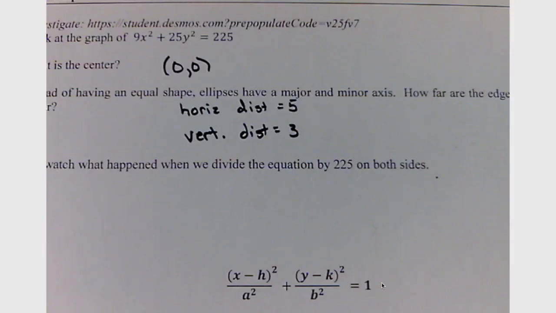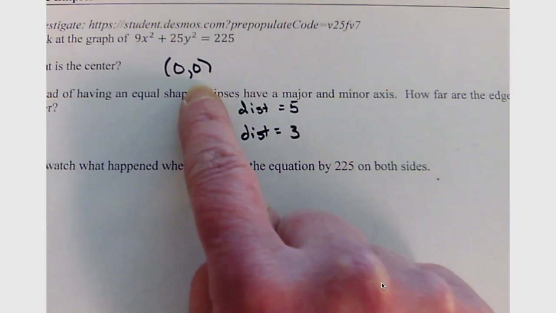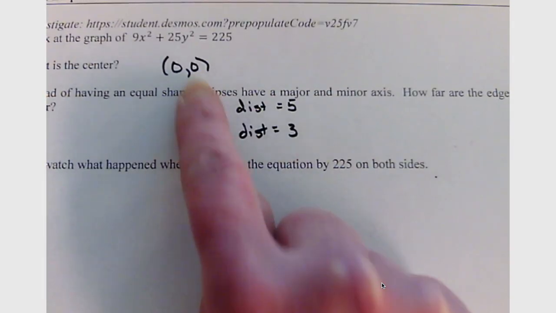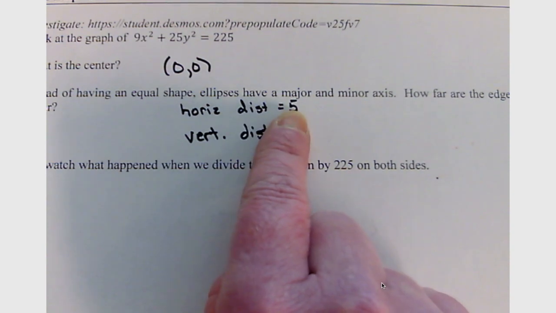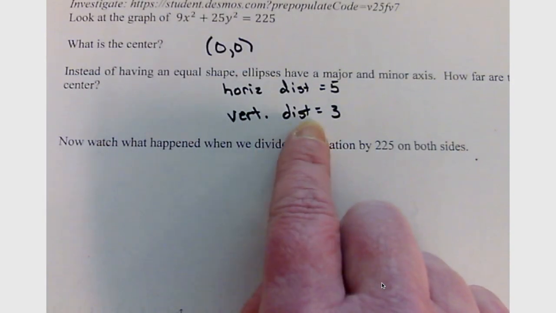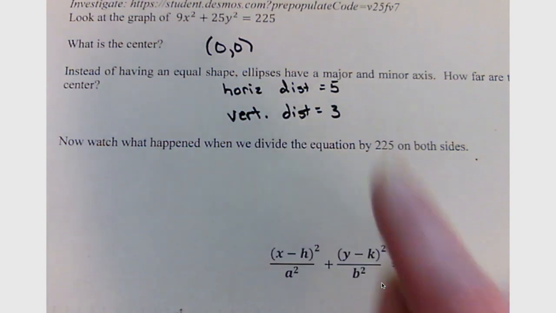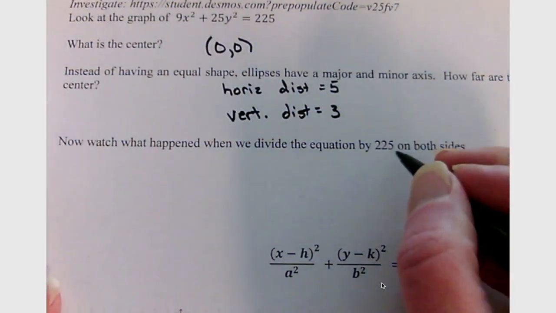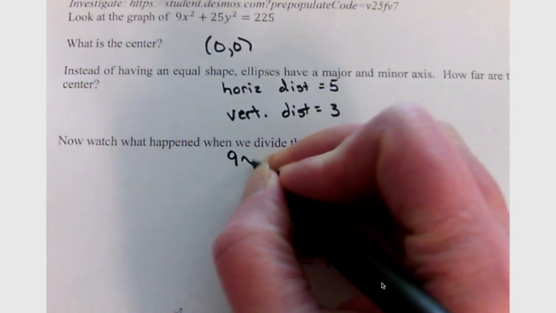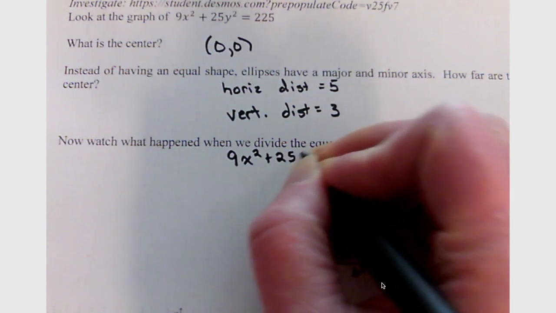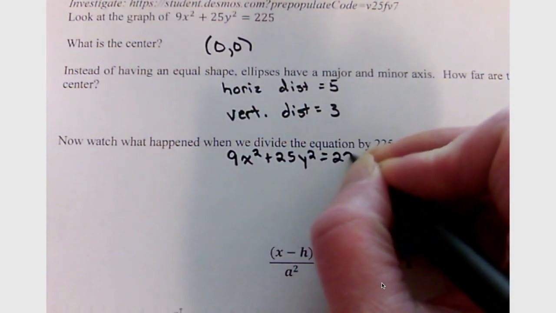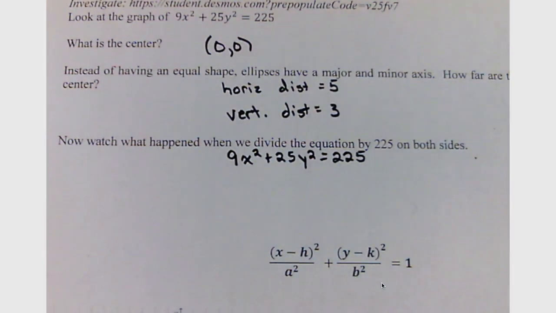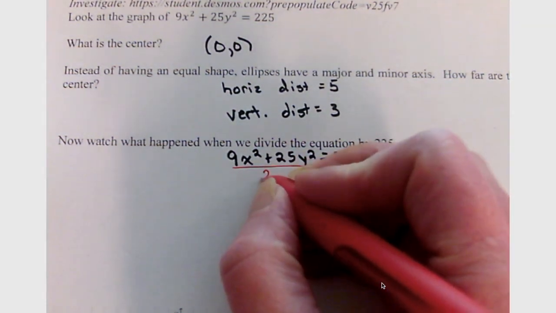So from the information we got in our little investigation, we found that the center of this graph was 0, 0. The horizontal distance from the center was 5, and the vertical distance was 3. This is actually called an ellipse. And I want you to see what happens if I take that equation, 9x squared plus 25y squared equals 225, and divide both sides by 225.